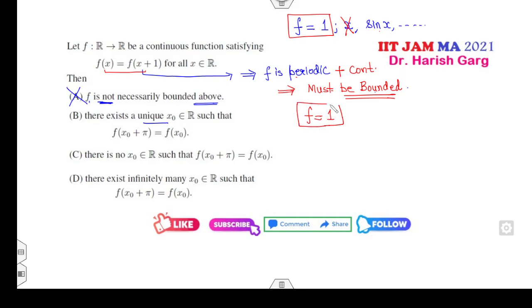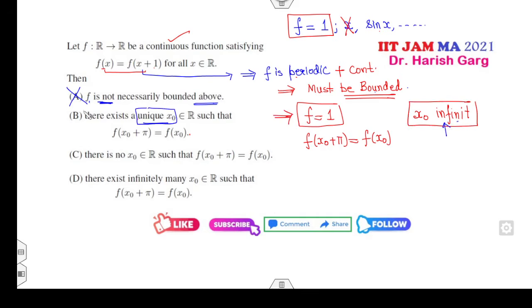Is it continuous? Yes. Is this property satisfied? Yes. So what is the value of x naught? x naught has infinitely many values, because your function is constant. But the option says unique value. That's why this option is cancelled out.